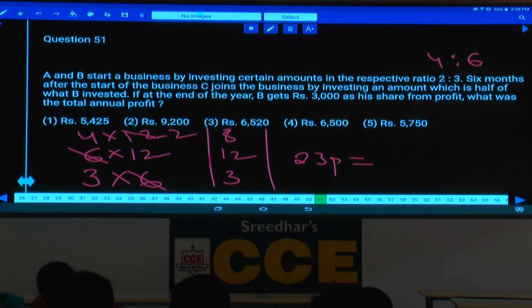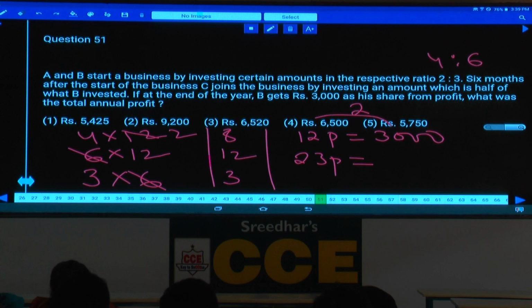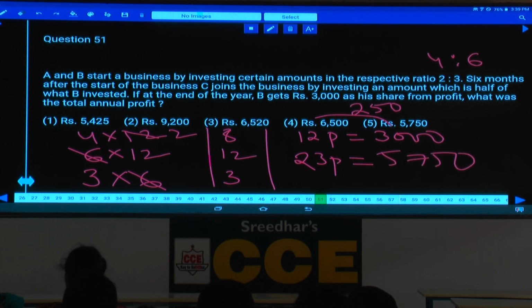B is getting 12 parts, and 12 parts is equal to 3,000. 12 how many times? 250 times. 20 into 250 is 5,000, and 3 into 250 is 750. Total 5,750. Followed?